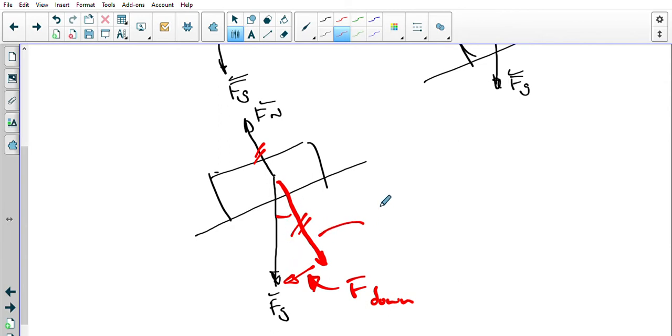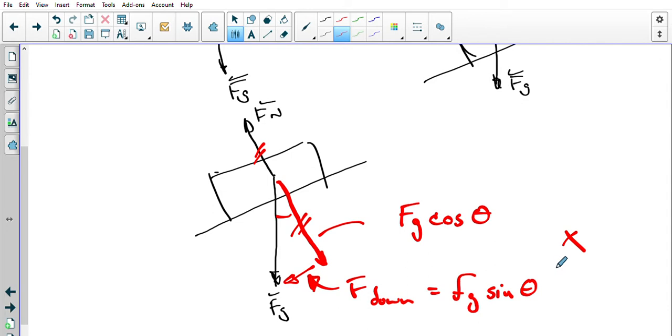The adjacent component is force of gravity cosine of theta, and this one is force of gravity sine of theta. I'm not going to have you do these types of questions. I'm just pointing this out so we can understand that we have a force of friction going up the hill, because this force down is trying to move it down the hill.